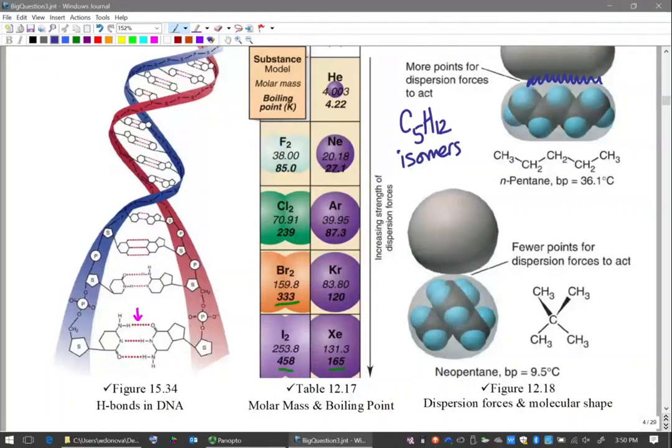The systematic naming of this would not call it a pentane. They use the longest chain, and this would be named as a branched propane, where propane is a 3-carbon chain. So it would be a dimethyl propane, but that doesn't easily indicate that it has 5 carbons. So the common name neopentane is very frequent to see.